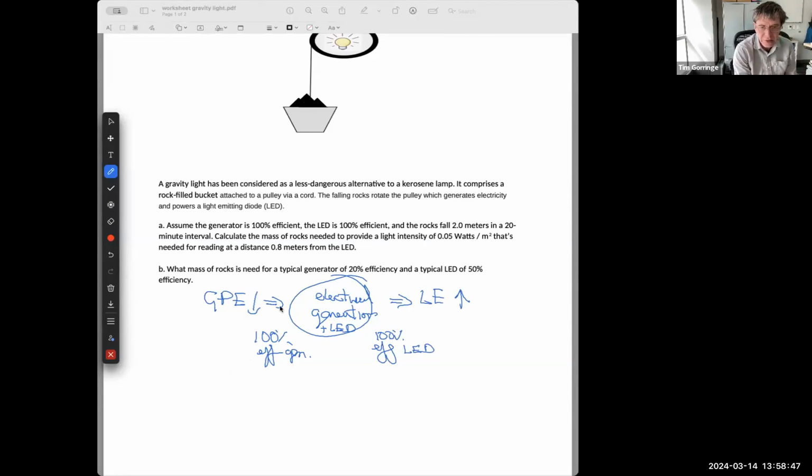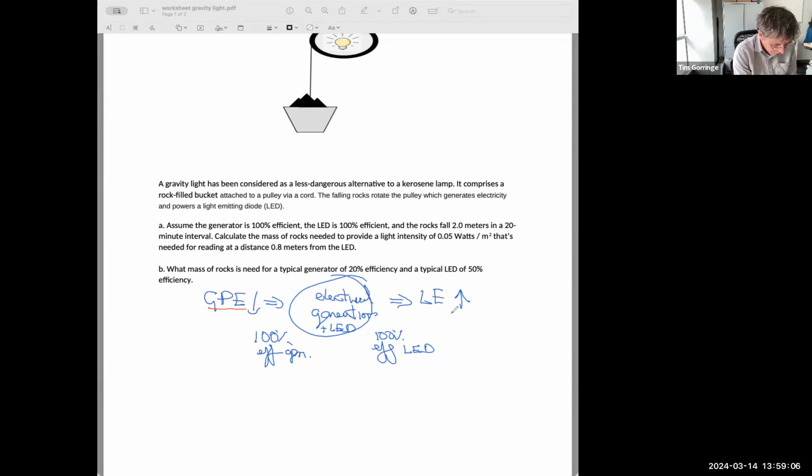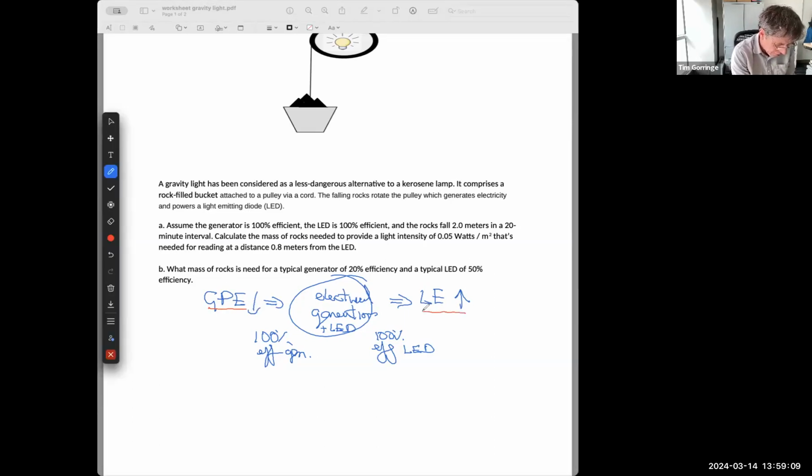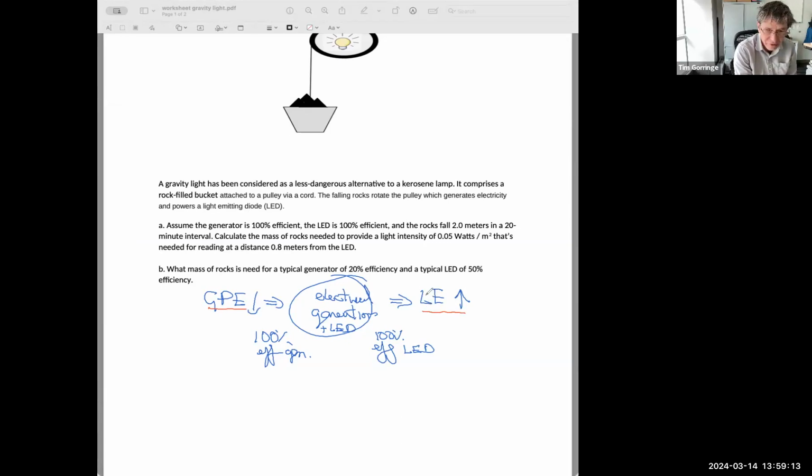So here's a sketch. Here's a picture of the problem. I'm imagining over here on the left-hand side, the input energy. So this is the gravitational potential energy that's being released as the rocks in the bucket fall. And over here on the right-hand side, this is the energy carried off by the light.